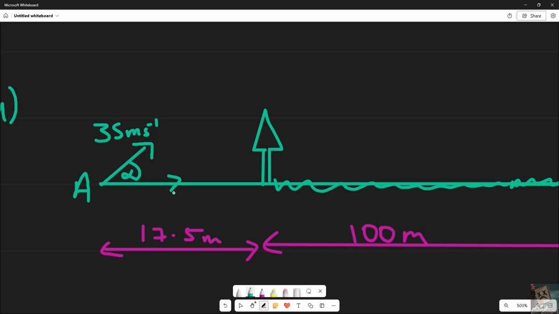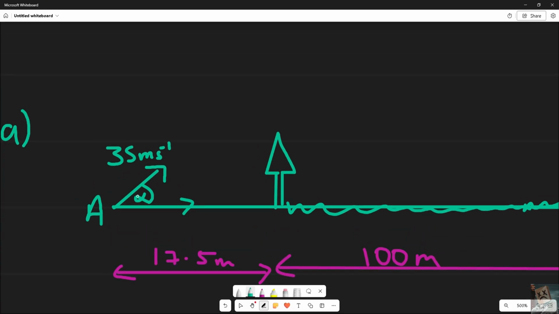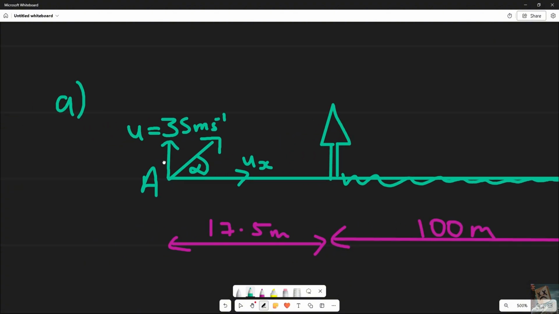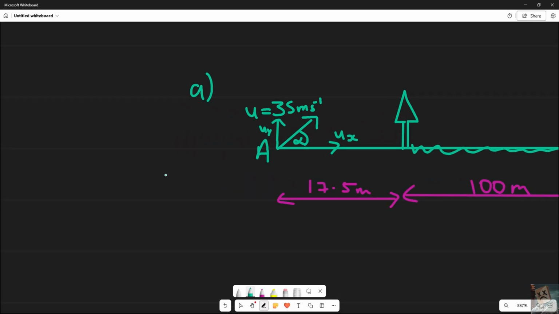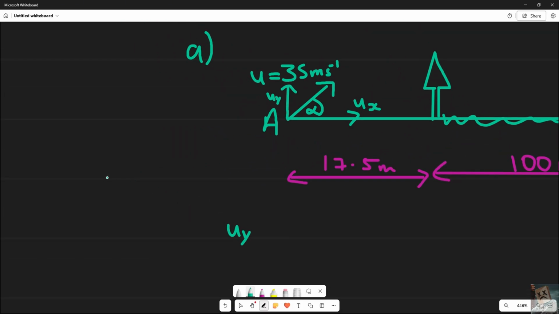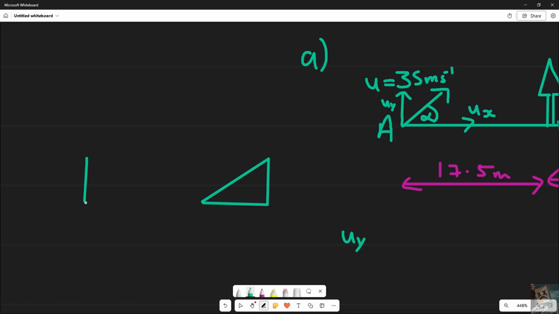So what we're going to do first is get this in terms of the vertical and horizontal. You can pretend we've got a triangle here. We'll say this is ux, x is for horizontal, and this is uy. This is how the diagram shows it.